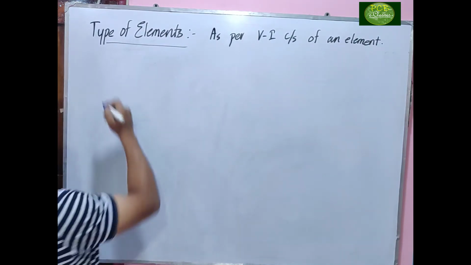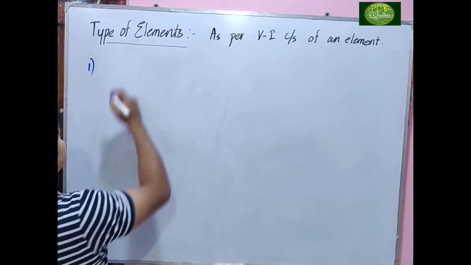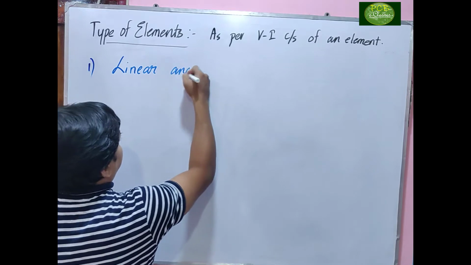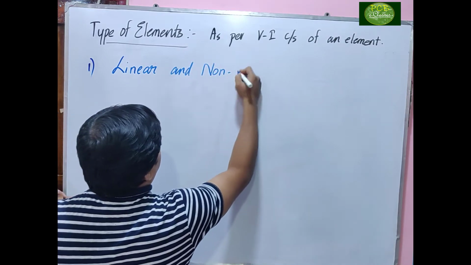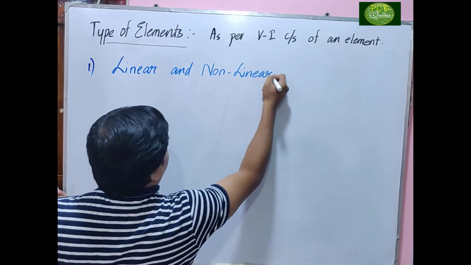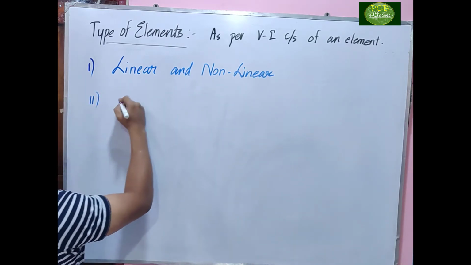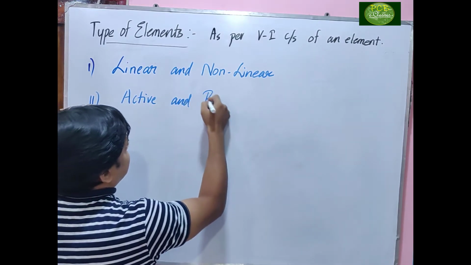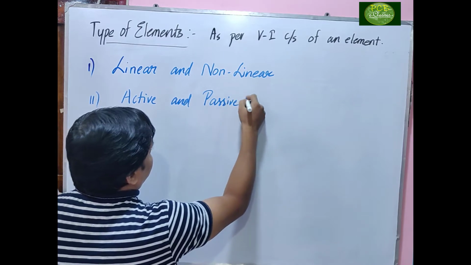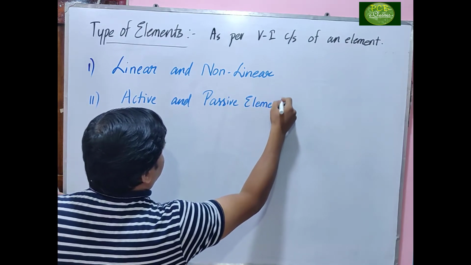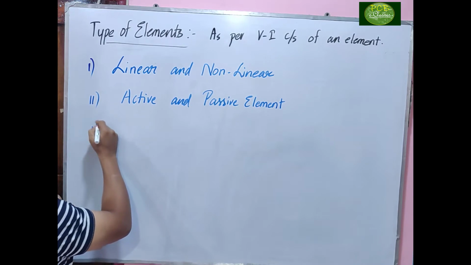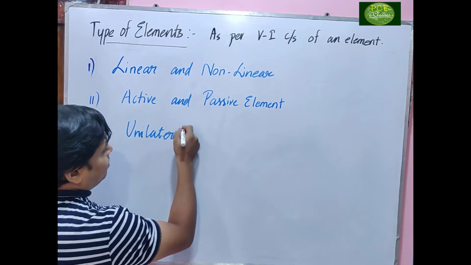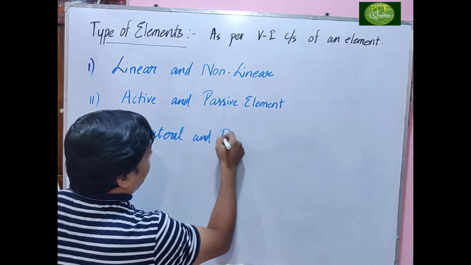The elements are classified as: the first one is linear and non-linear element. Next, the second one is active and passive element. Third one is unilateral and bilateral element.